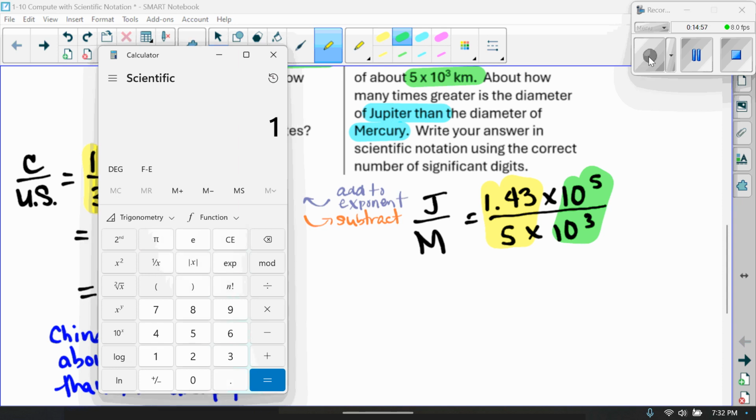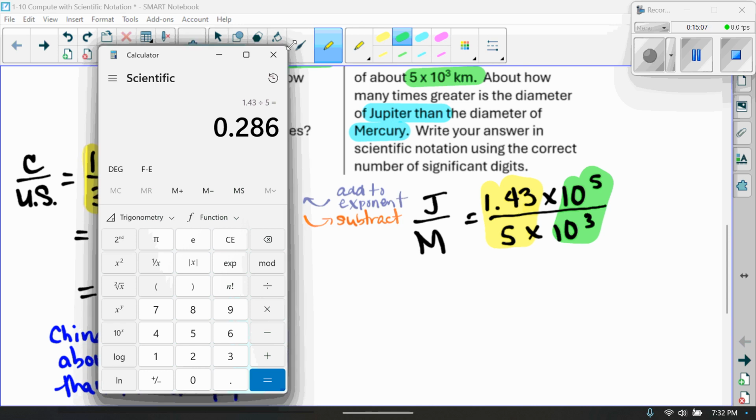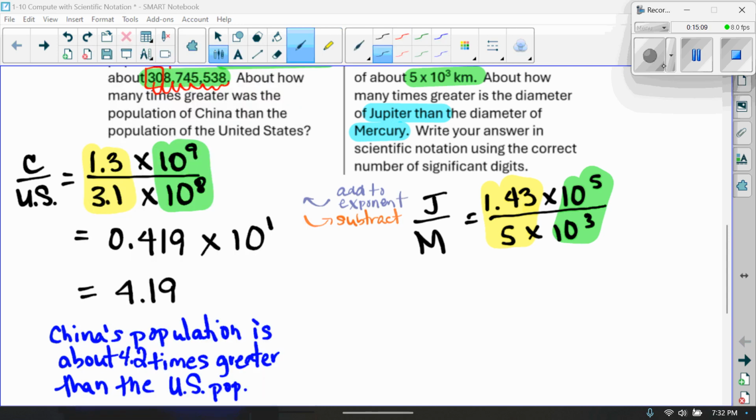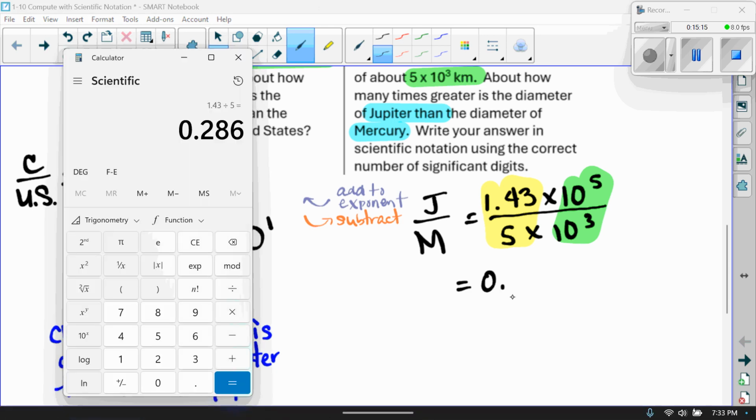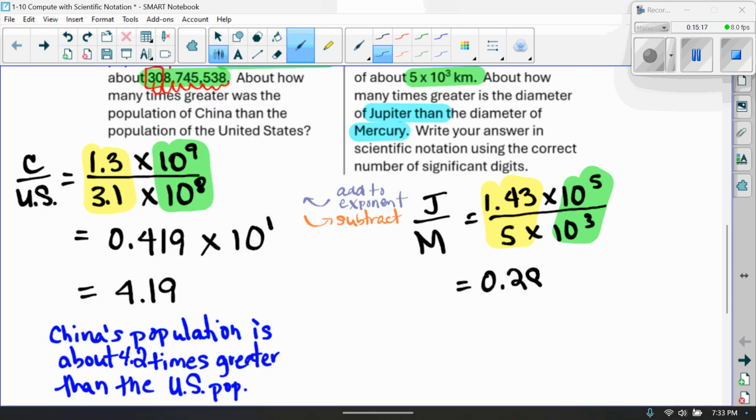So we've got 1.43 divided by 5. That's going to give us 0.286 times 10 to the 5 minus 3, that's 10 squared.